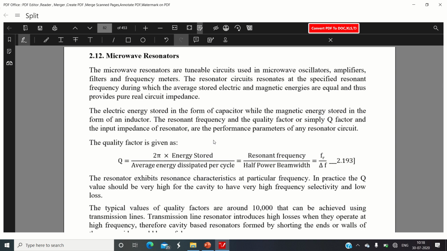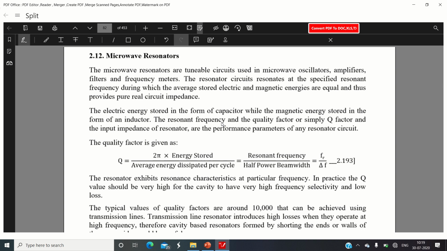For example, if you want to take an application of a resonator, take the example of a simple LC tuned circuit, or we used to call it a tank circuit, in which an inductor and capacitor are placed in parallel, and we go on changing the value of inductor and capacitor in order to tune that particular tuned circuit.